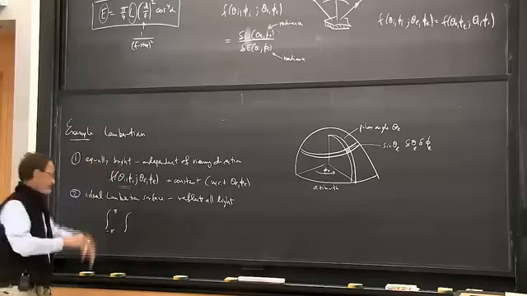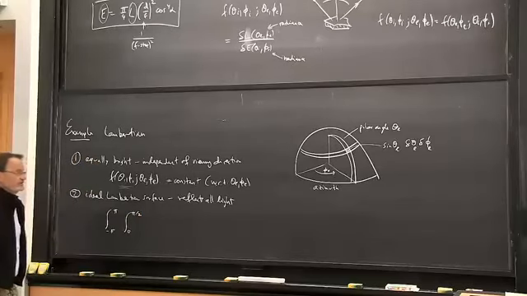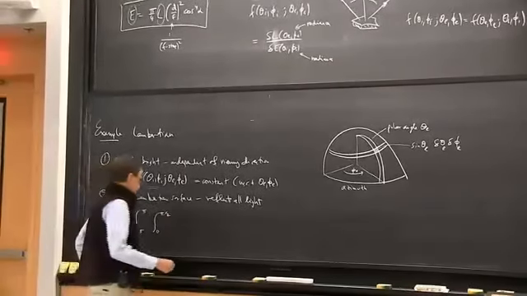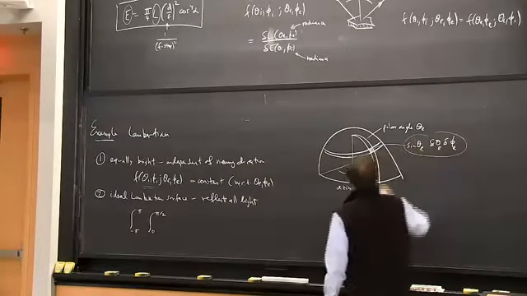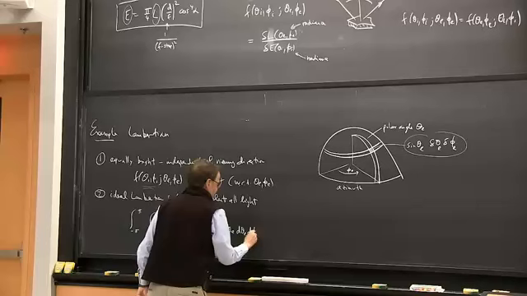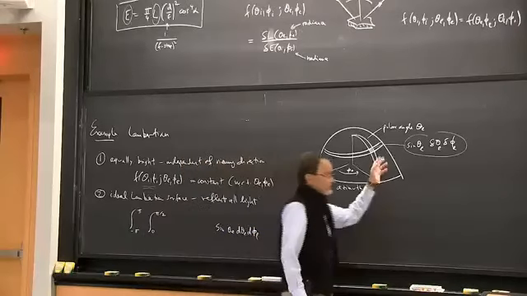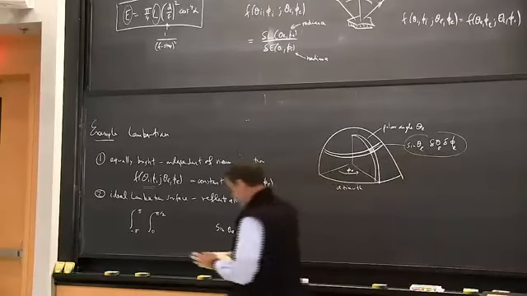It's only emitting above the surface. So we only have to deal with 0 to pi over 2 for the polar angle. And then we're going to have to include this term here. And that's obviously the Jacobian, the determinant of the Jacobian of the coordinate transformation, but I find it easier just to draw the diagram.